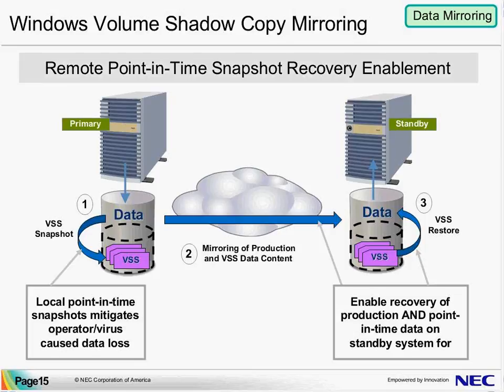Windows provides volume shadow copy to allow snapshots or point-in-time copies of data that can be later restored to, for example, recover from unintended operator errors or virus-caused data losses, which are not problems that would be addressed by ExpressCluster data mirroring specifically.